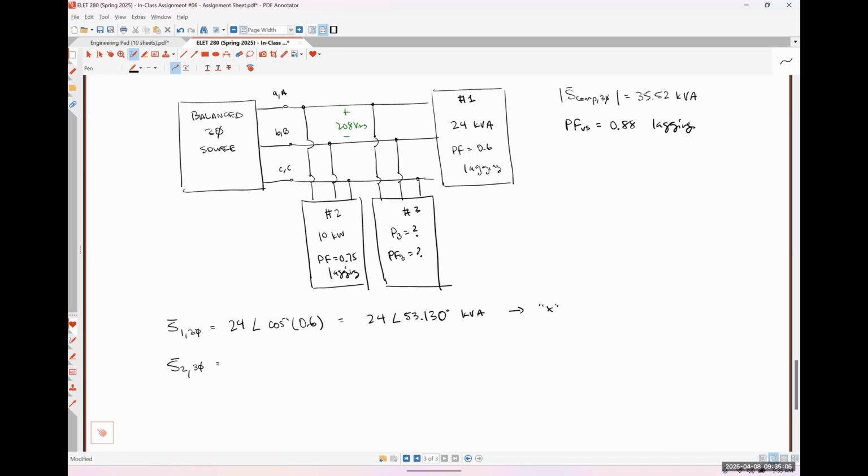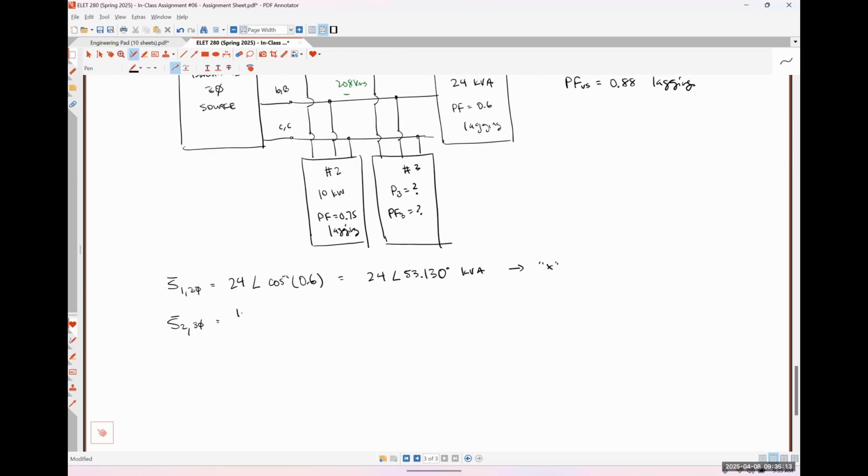Somebody else tell me what's going on with load two. Kilowatt divided by 0.75. Thank you. Goodness gracious, my penmanship is getting shitty, but thank you for that, Thomas. 100% right.